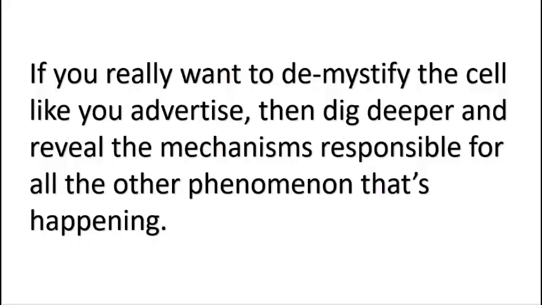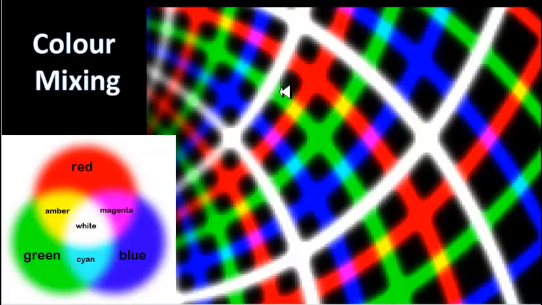So one of Tim's final messages to me was, if you really want to demystify the cell like you advertise, then dig deeper and reveal the mechanisms responsible for all the other phenomenon that's happening. And so I'm sure the other phenomenon he's talking about are the colors that appear when two lines cross, the extra colors, which are easily explained using light theory and color mixing.